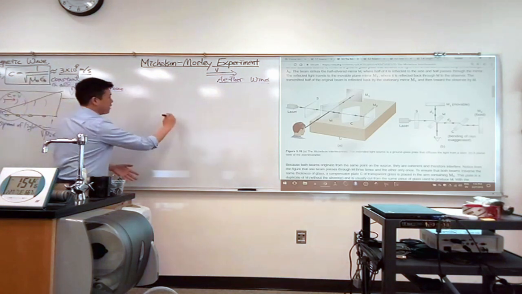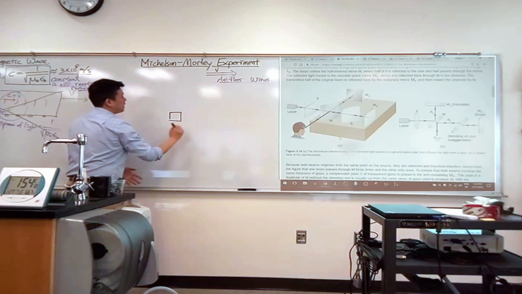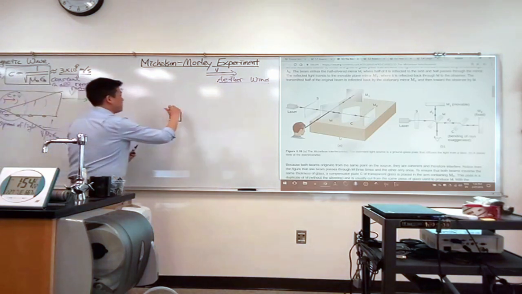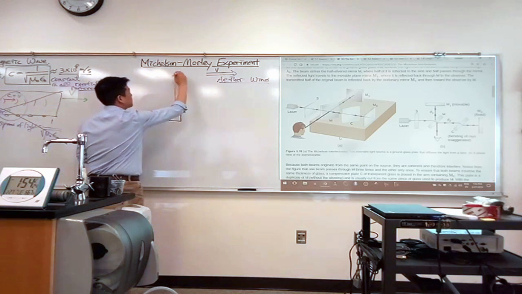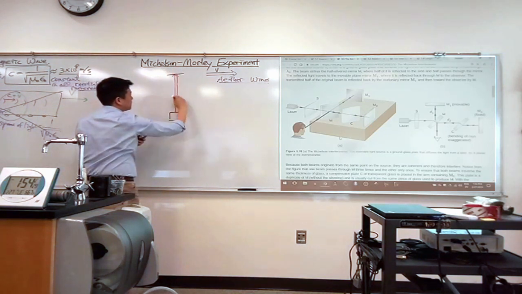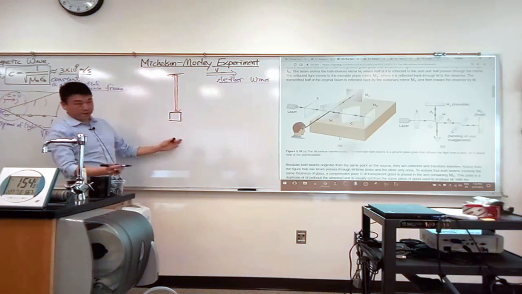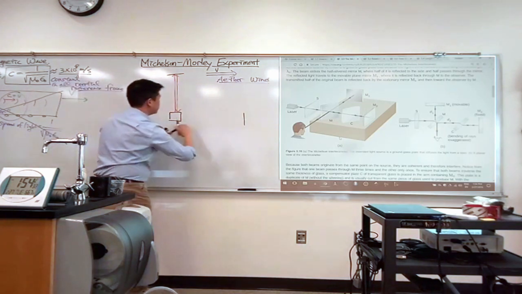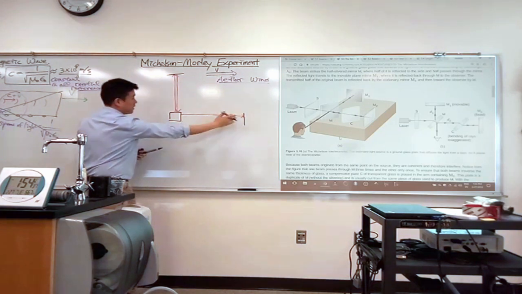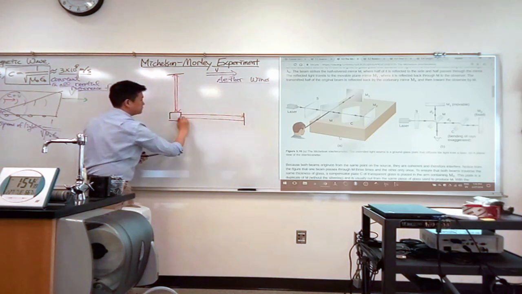In your lab frame, you have one light beam being sent this way. You have a light beam that's sent up, bounces against the mirror, and then comes back. And you have another light sent this way, bounces against the mirror, and then comes back. Good?